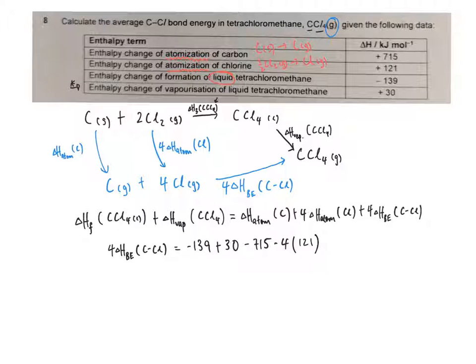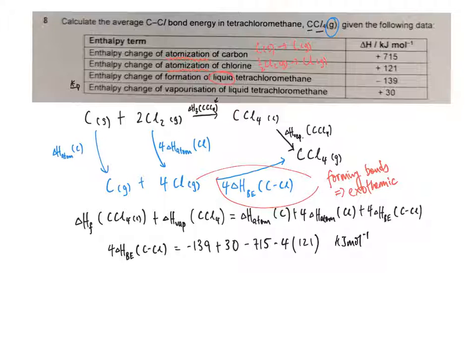Now, before we do anything, we should ask ourselves, well, of course, there's the kilojoule per mole thing over here. We should ask ourselves if we should expect a negative or positive number. And given the fact that we are forming bonds, which implies that this bit should be exothermic, we should expect a negative number over here.